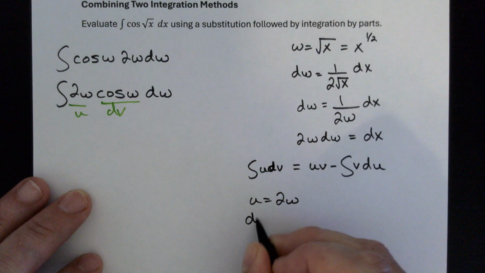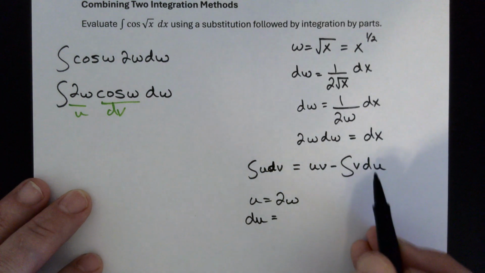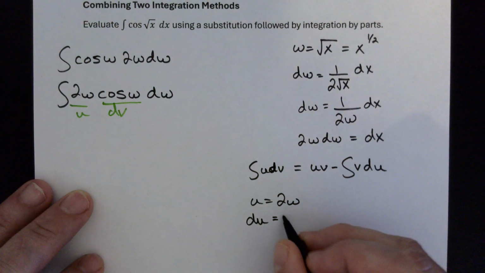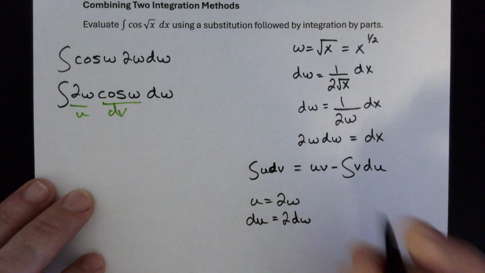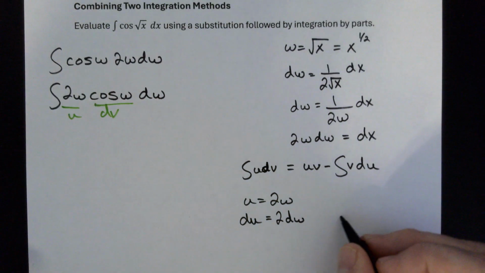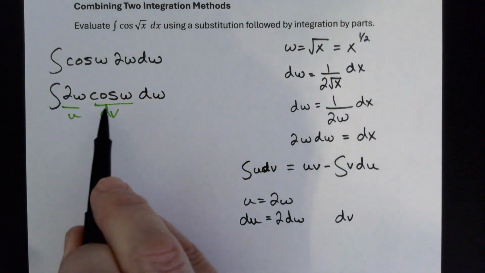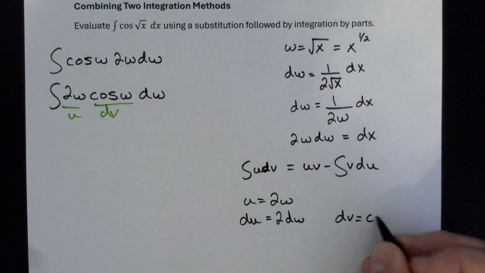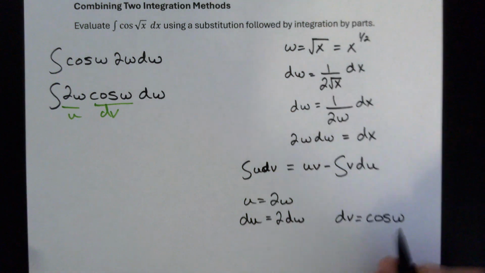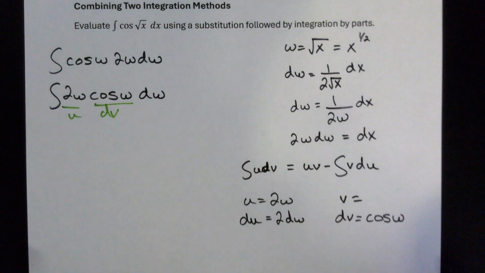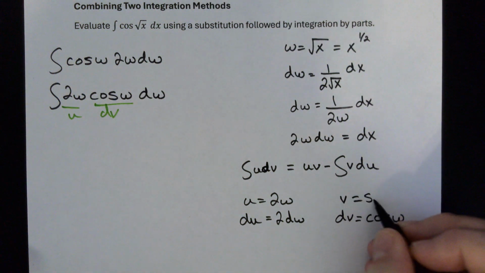So the du on that, since we have to have du in this, is going to be 2 dw. And then the dv, which you choose first, dv will be cosine w. And to go back to v, you have to take the antiderivative of cosine, which will be sine.